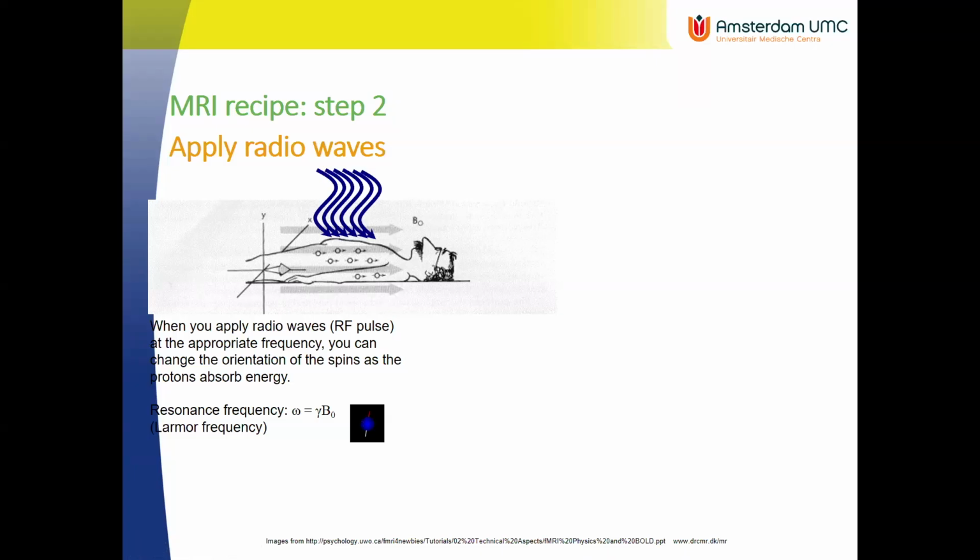I put a lot of energy into the system, and then the spins rotate. In this case, they rotate 90 degrees. So they are not aligned with the field anymore. They are rotated orthogonal to the field. That's the result of me putting energy in the form of radio waves.